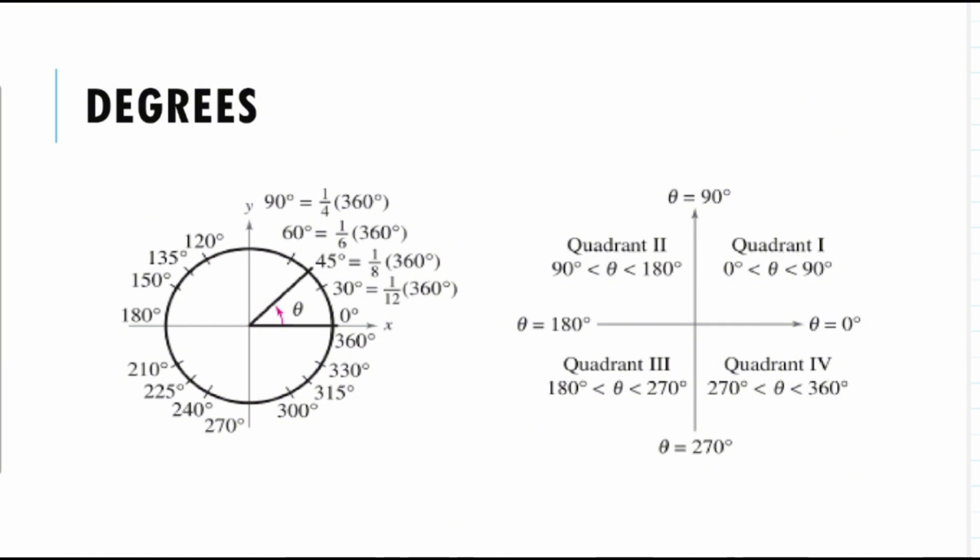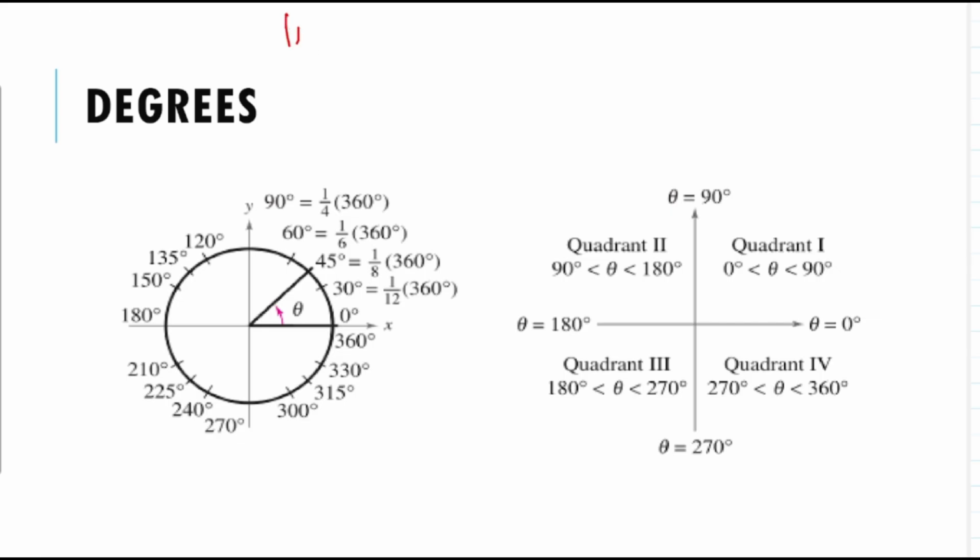So 1 degree is 1 over 360 of a revolution. You know that the angle in a circle is 360 degrees, right? So this is where the definition of degrees comes from.